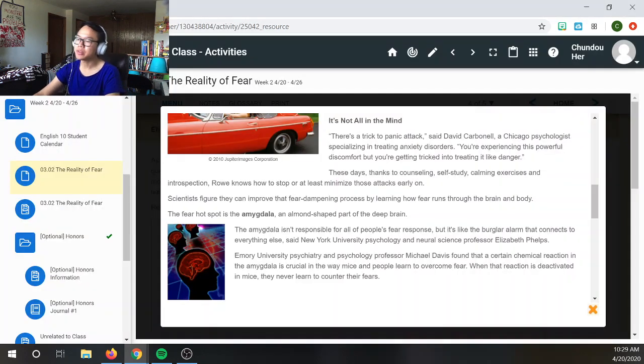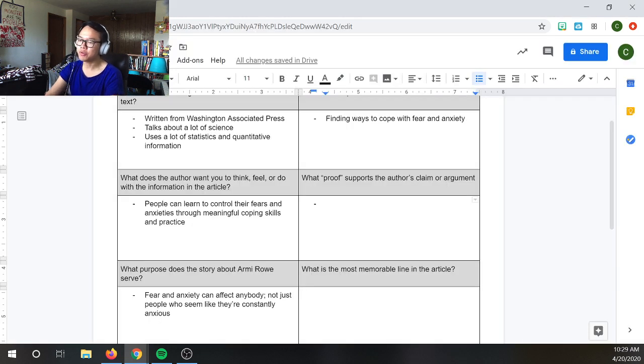Some of the proof I am starting to notice is that, first of all, they use Amy Rowe. That's one of the ways the author supports their claims. They're breaking down, they go through the science of fear.